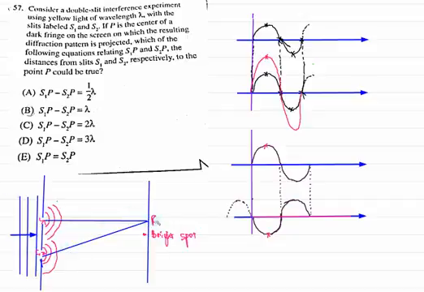Now what it's saying is if this P is a dark spot, that means you actually end up in this situation.